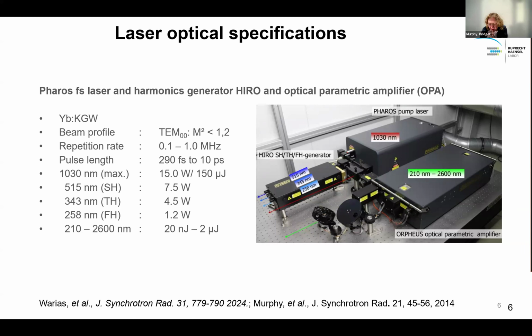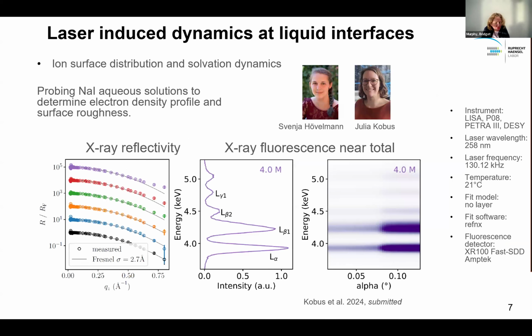So that's like the basics of what we have. And so what kind of studies have we been doing with that? We've been looking at laser-induced dynamics at liquid interfaces, and at the ion surface distribution on solvation dynamics. And as you see from my earlier slide, we were taking the classical salt solutions, for example, sodium iodide, to determine the electron density profile and the surface roughness.